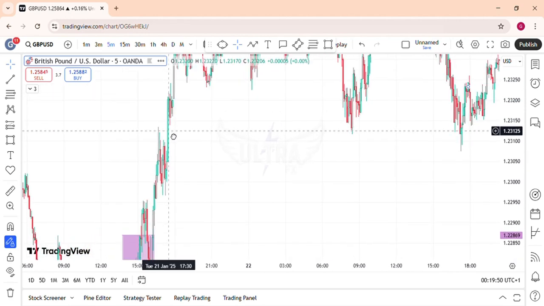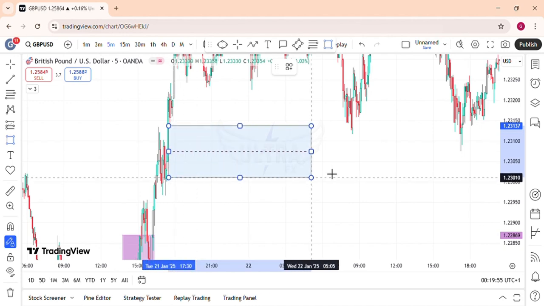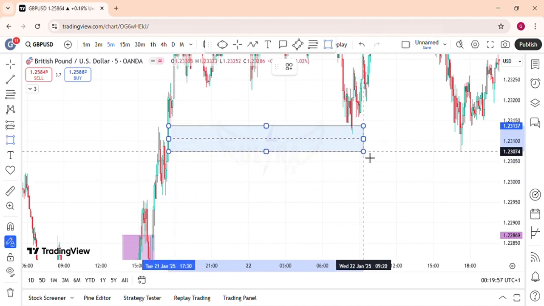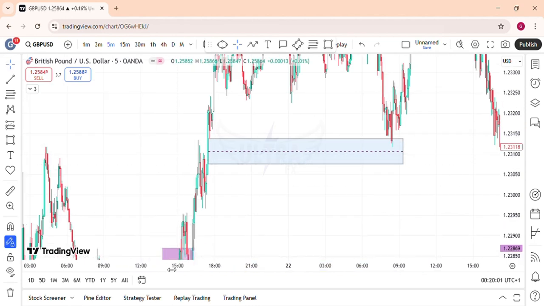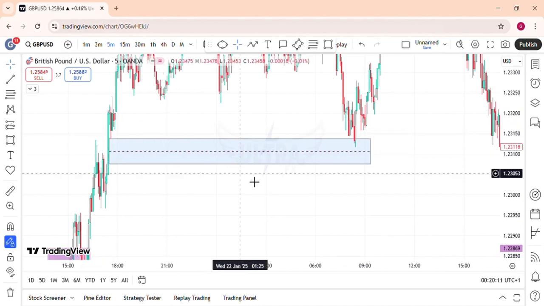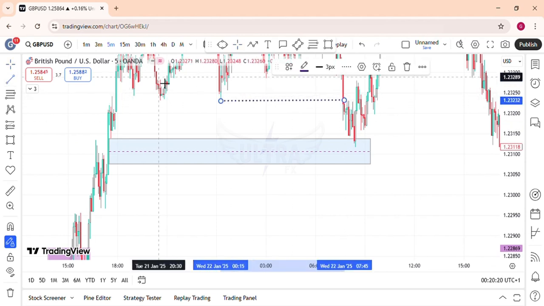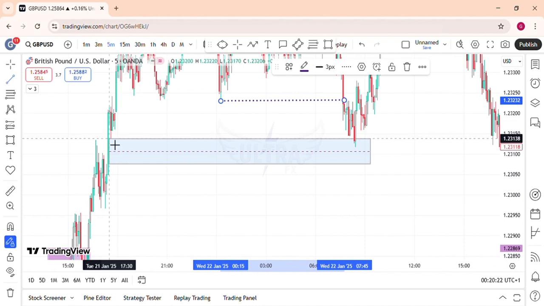We have a fair value gap here. This fair value gap is going to be quite strong because it has a breaker to it. So we have a breaker here. After the market created this breaker, it also created a fair value gap here, and you can see lows here that have been taken.